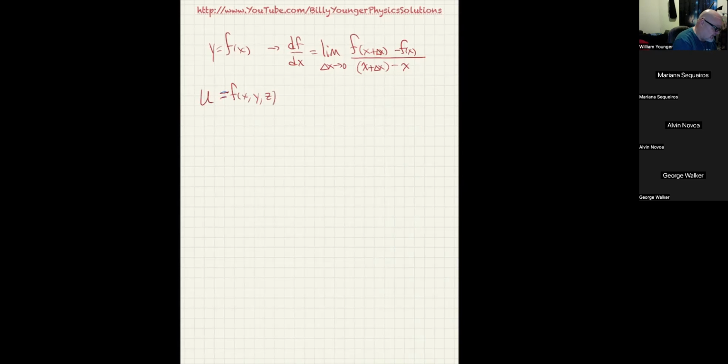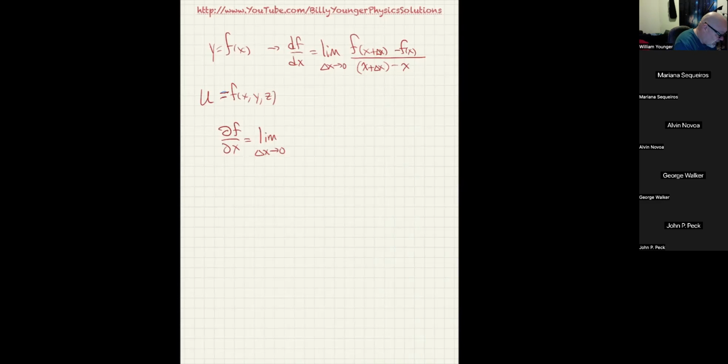If that's the case, then we define something called the partial derivative with respect to x, which is really going to be the limit as delta x approaches 0 of, in this case, f of x plus delta x, comma, y, comma, z, minus f of x, comma, y, comma, z, over x plus delta x, parentheses, minus x.